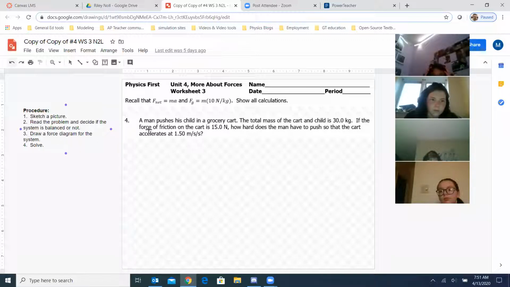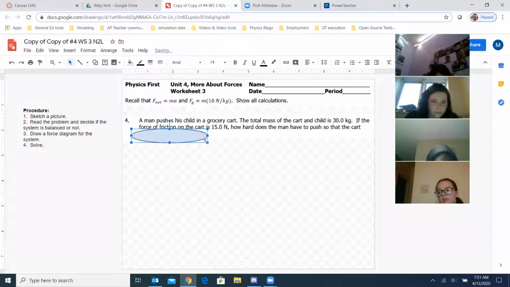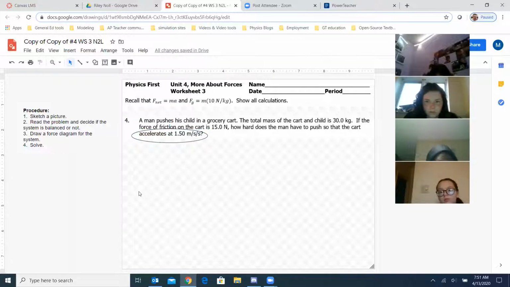You're going to sketch a picture. After you sketch a picture, you're going to read through the problem and figure out if it's balanced or not. Here's your hint: it says that it's accelerating, so that tells you whether it's balanced or not. Then you're going to draw a force diagram, and then you're going to solve it, okay?